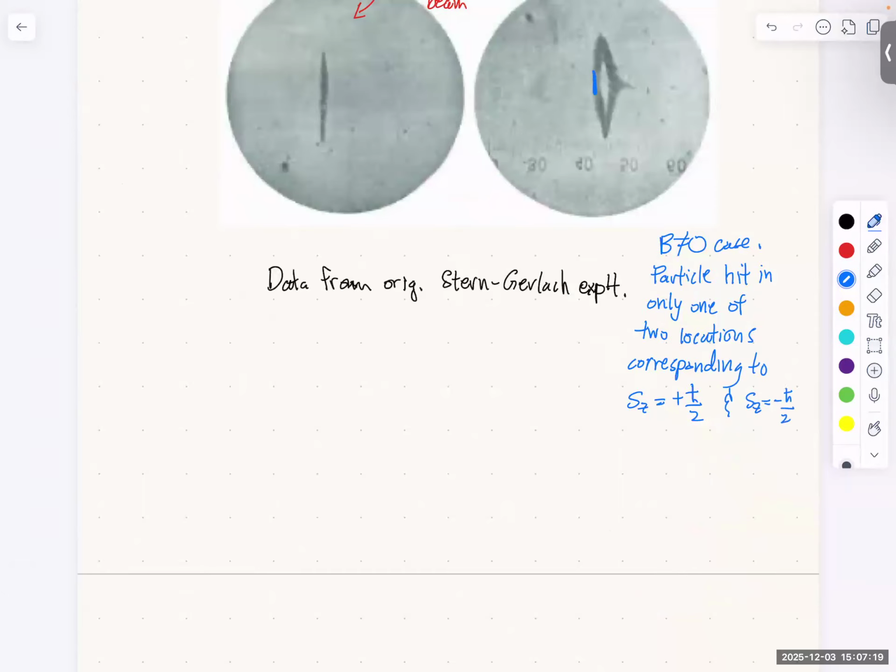So it's right here. Out here at the edges, I'm just speculating now, it's probably that the beam is fairly wide and parts of the beam don't go through the region where there is a strong field, or where the gradient of that field is weak, so they don't get deflected. What we're really focused on is the part in the middle where that gap is quite large. Okay, and so that's the Stern-Gerlach experiment.